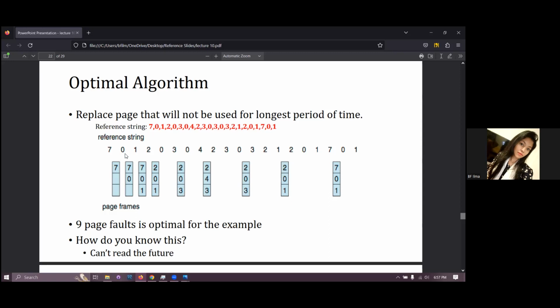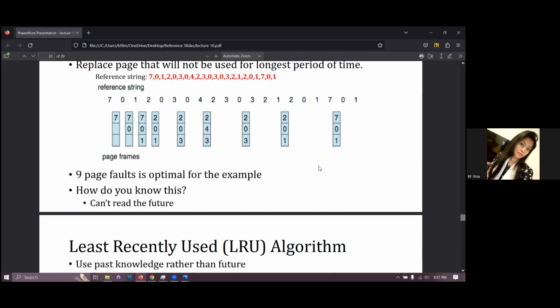And when we are replacing a page at this point, the one that will not be used for the longest time is 7. 7 is only requested at this point. So we are replacing 7 and so on. So this will actually result in the least number of page faults. However, this is very hard to implement because we have to do some predictions here.